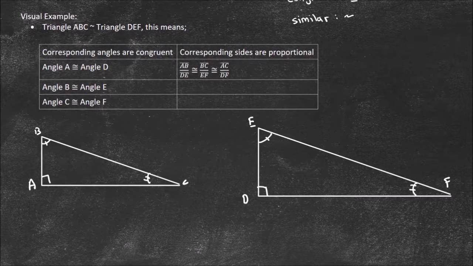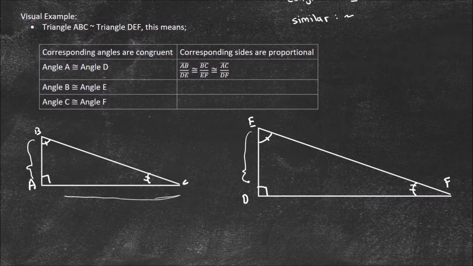That means if I take AB, this side length, this measure here, and I divide by ED, that should be the same as when I take AC and divide by DF. So let's look at what that actually means with numbers. Let's say AB is 5 and ED is 8.